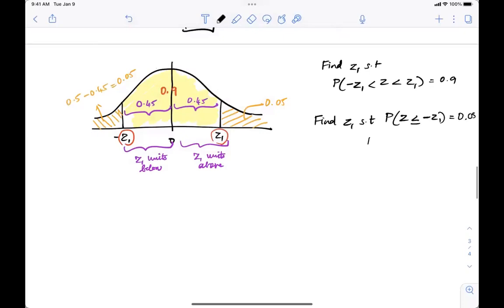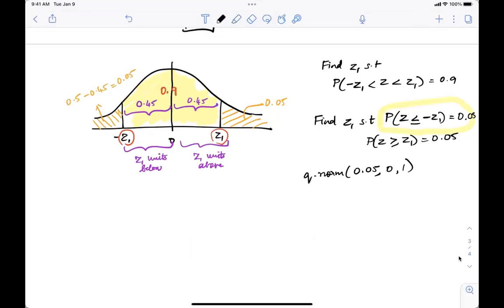Or we could also do the probability of Z being greater than or equal to Z1 is 0.05. Essentially, I'm just describing this area and this area. Now, this is preferable because we easily have the qnorm function. So I could just put this into qnorm and find the value such that the area to the left of that point is equal to 0.05 for a standard normal distribution. And that is all I have to do to answer this particular question.